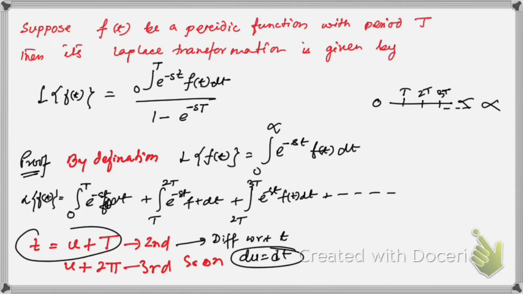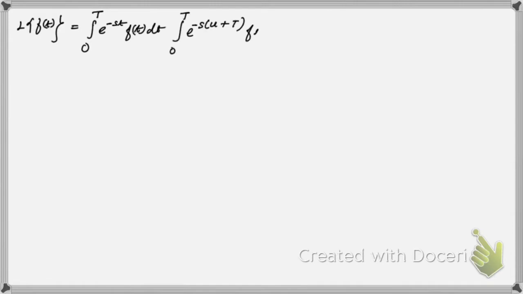Now let me move on to the next slide. Here the Laplace transformation of this function f of t is the integral from 0 to T of e to the power minus st f of t dt, and then plus again the integral from 0 to T of e to the power minus s(u plus T) f of u plus T du.